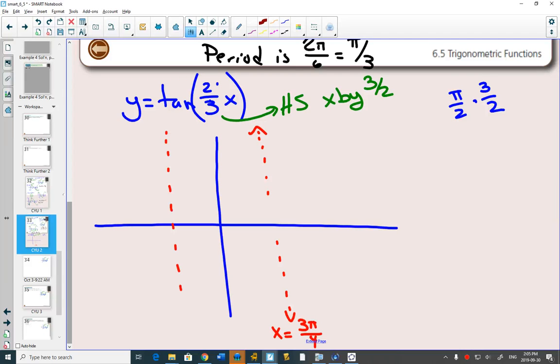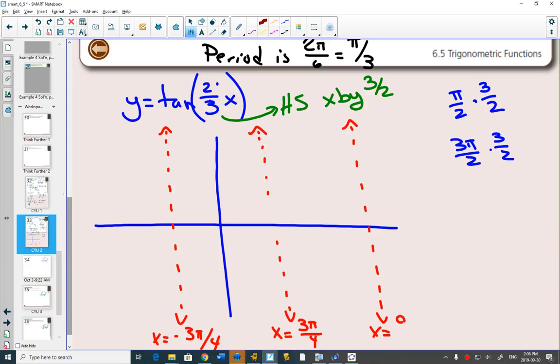Negative pi over 2 will change my asymptote to negative 3 pi over 4. My next asymptote here, it was at 3 pi over 2. If I multiply that by 3 halves, it will be at 9 pi over 4.